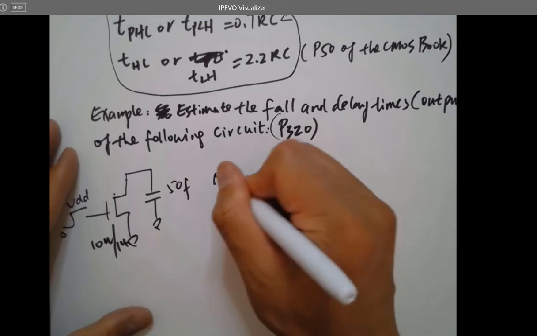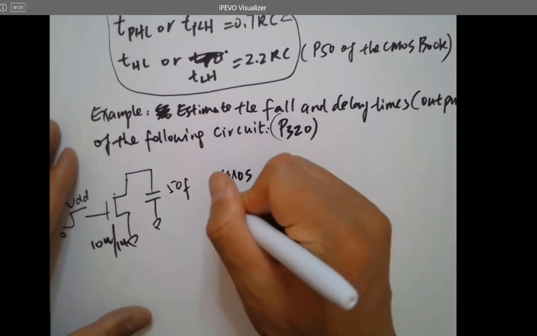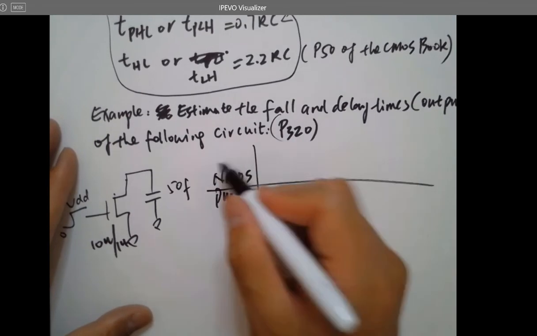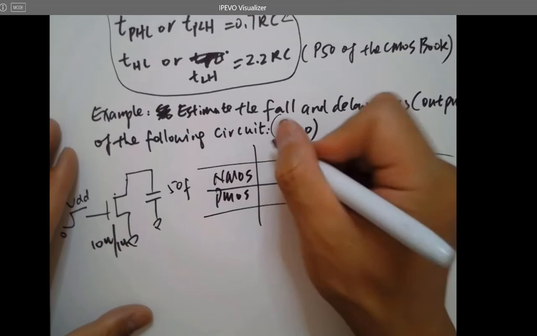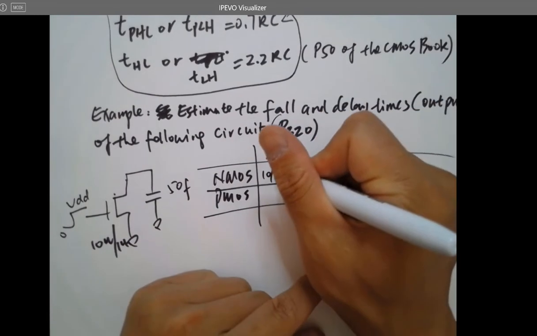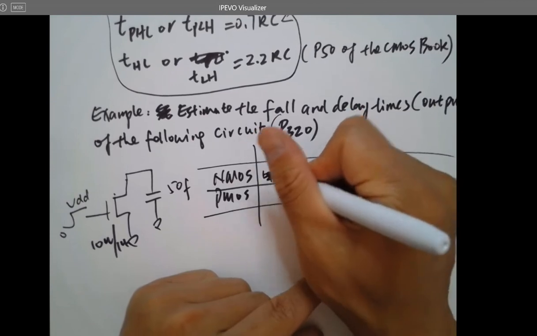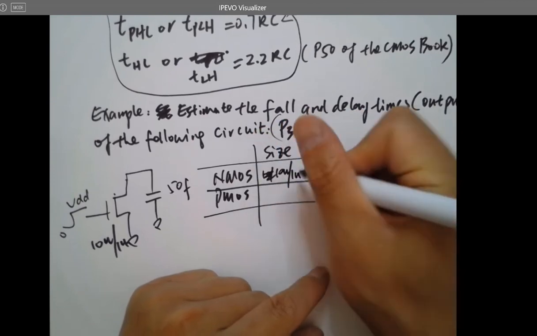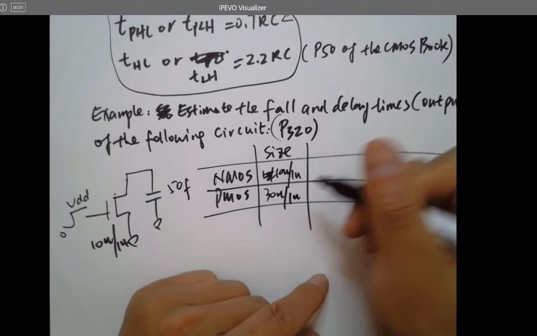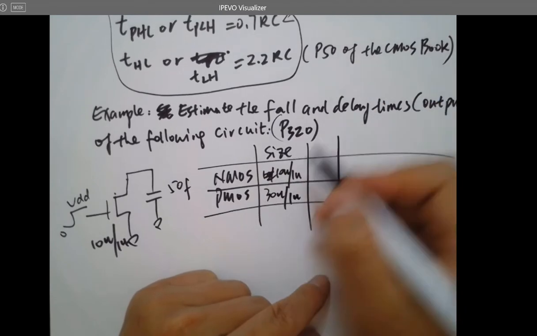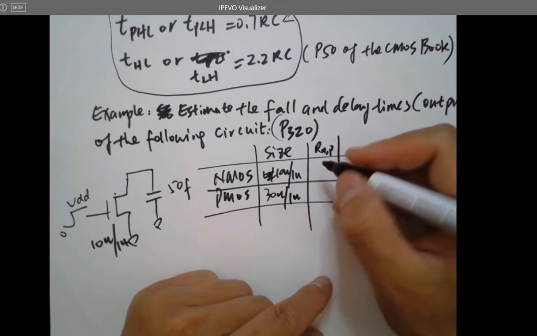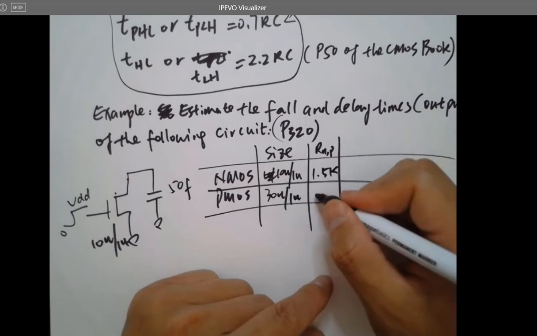And here's the table which covers all the parameters for the NMOS and PMOSes. Example size for 10 micron by 1 micron, and this is the size for 30 micron by 1 micron. For this specific NMOS, the book just lets you know the RN and RP, right?